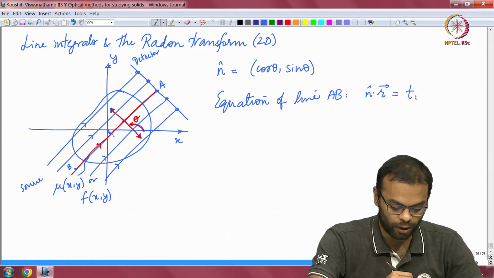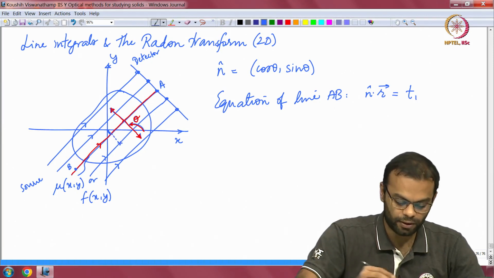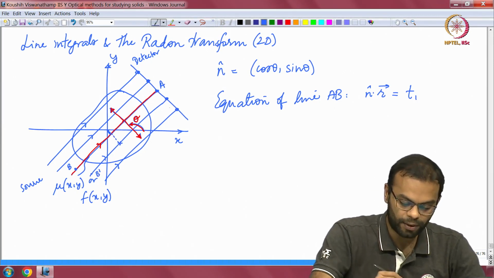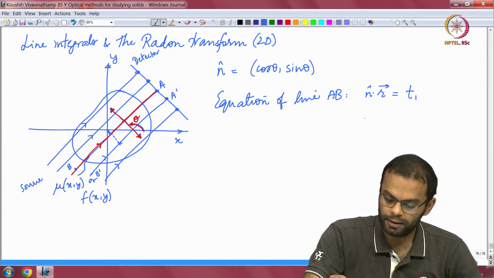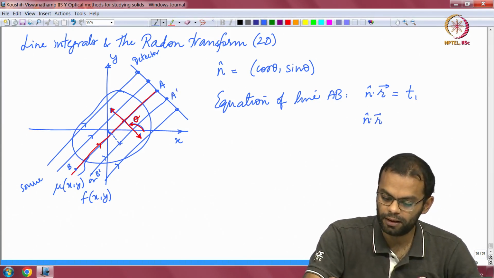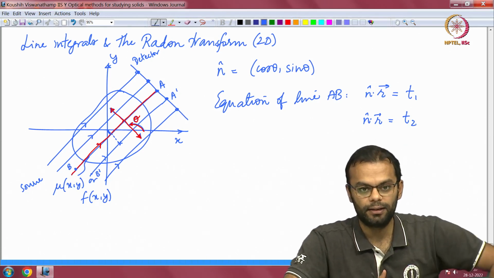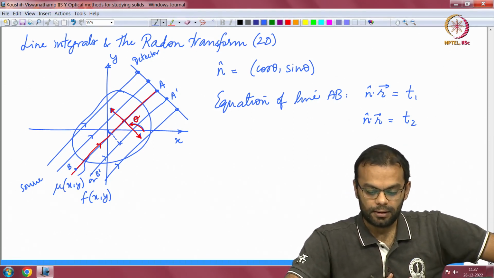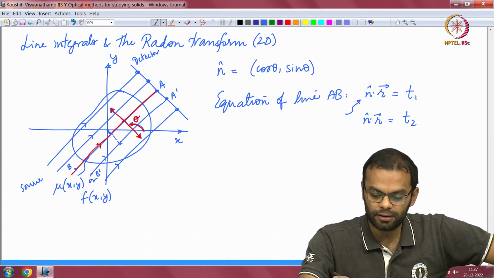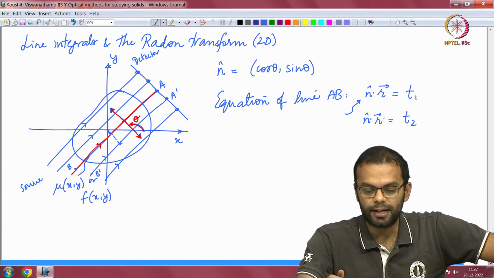If you take the next one, the equation of this line B prime A prime is n hat dot r bar is equal to some T2, okay. And remember there is an n here, so the theta is implicit inside here, right.